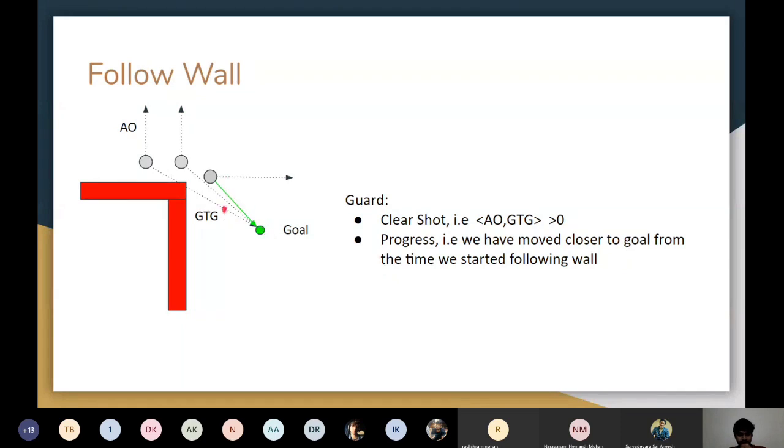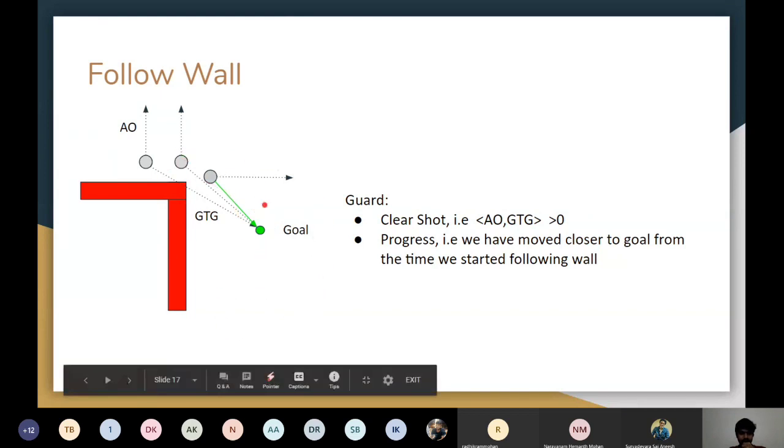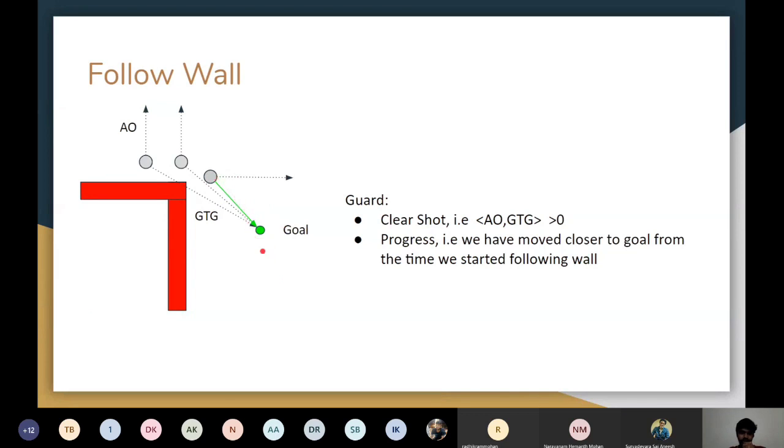So these two conditions together tell me that it is the right time to switch from follow wall behavior to go to goal behavior, and I have successfully tackled this particular obstacle and am good to go in the direction of the goal.